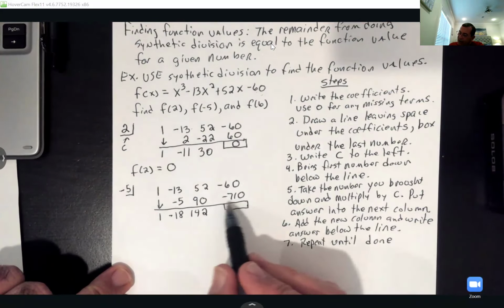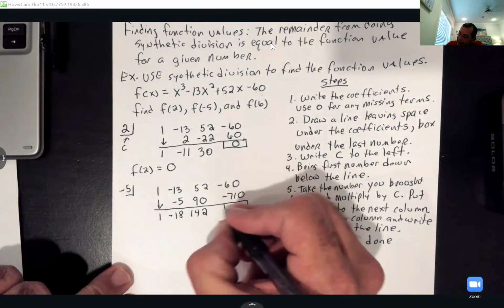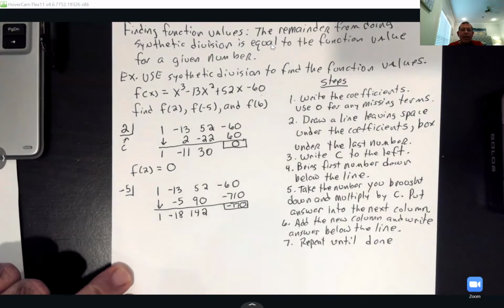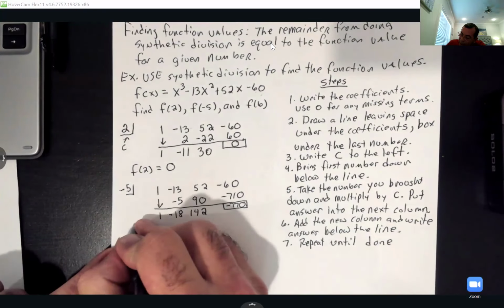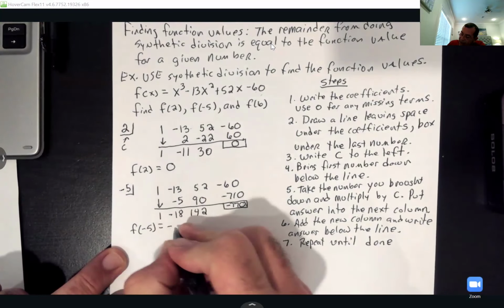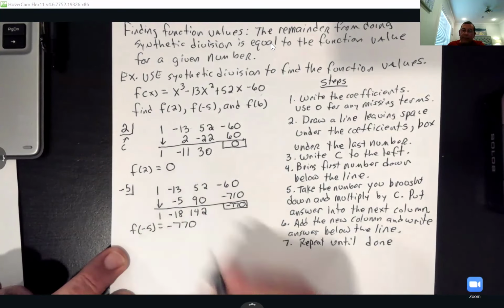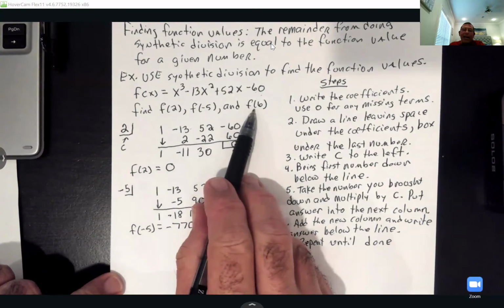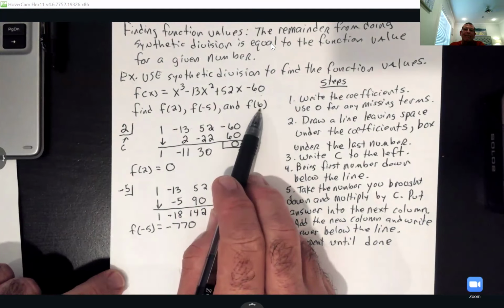So y'all, let's see, that's what, negative 710 and negative 60. Looks like a negative 770. So we would write f of negative 5 equals negative 770. And then we get to do it one more time with the 6.